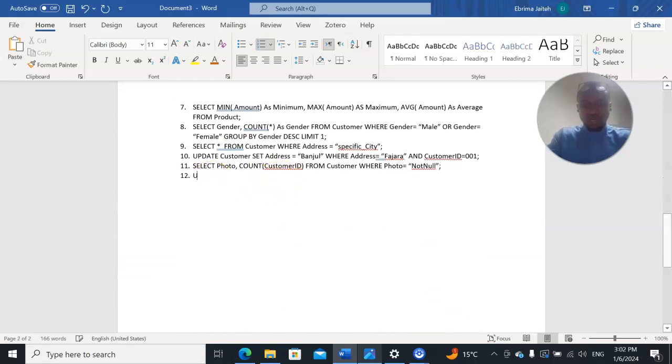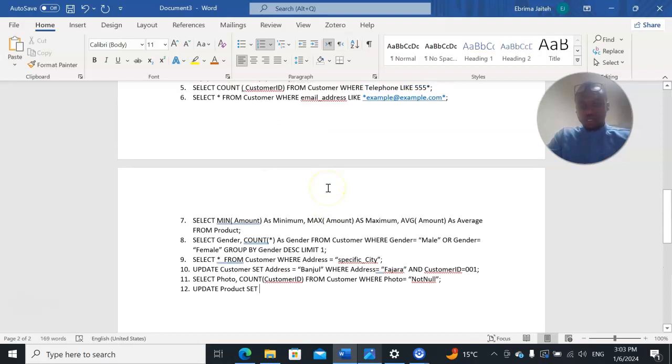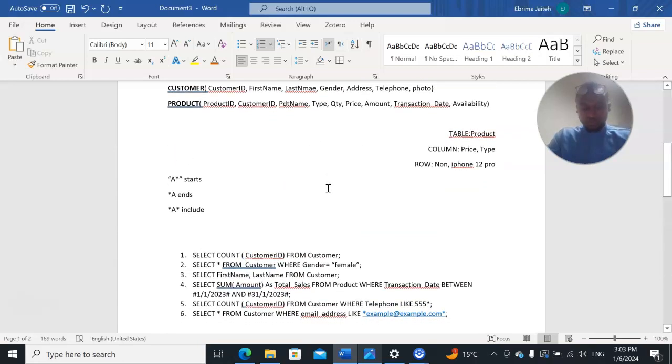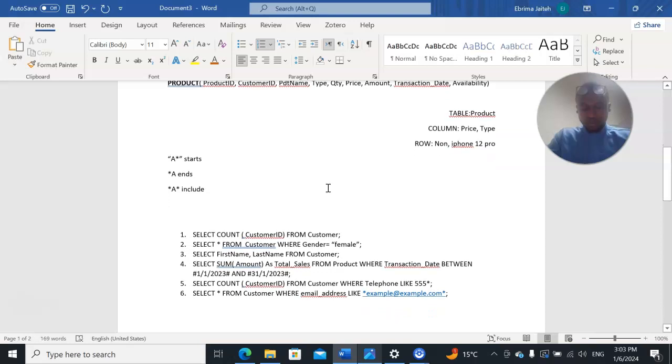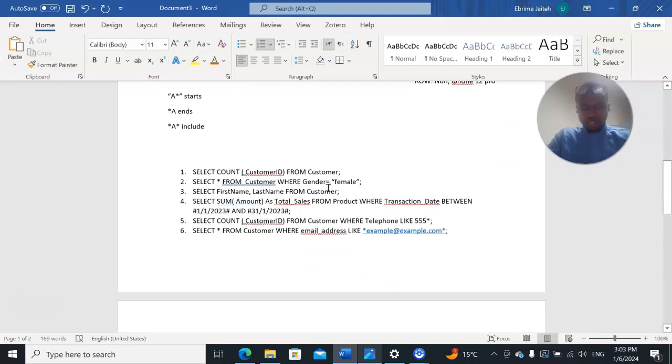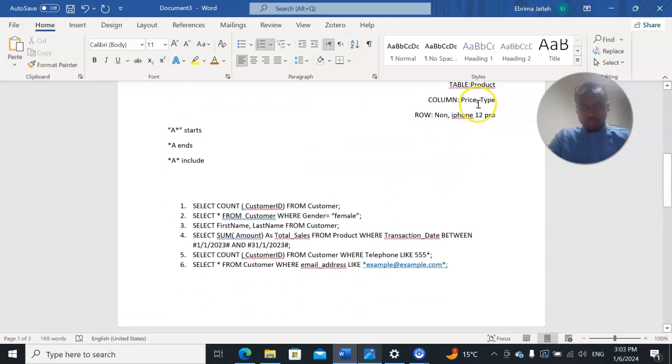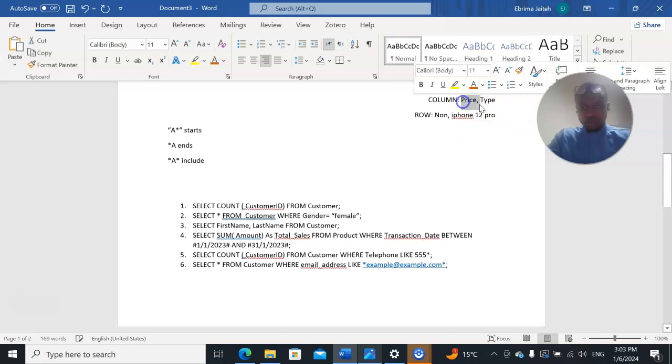Since we are updating, we're going to say update, with table product, set what? So which column are we changing? The column that we are changing here is the type.